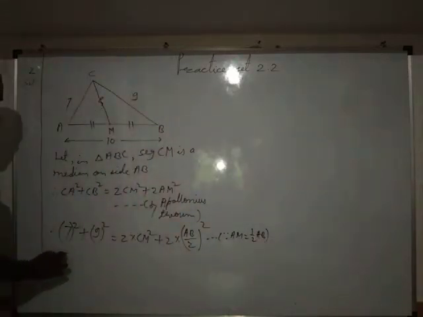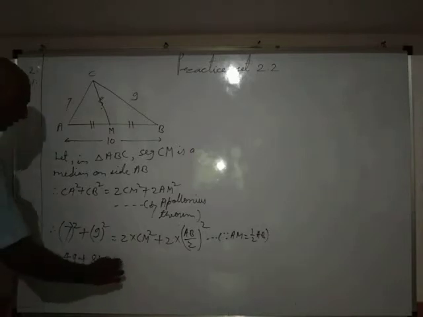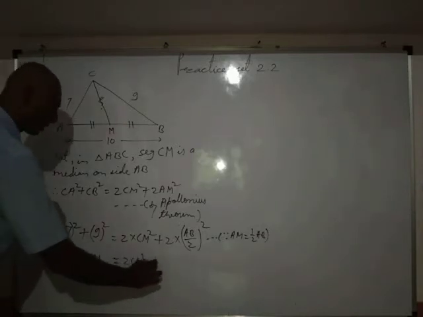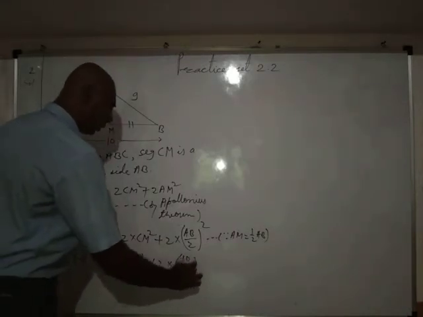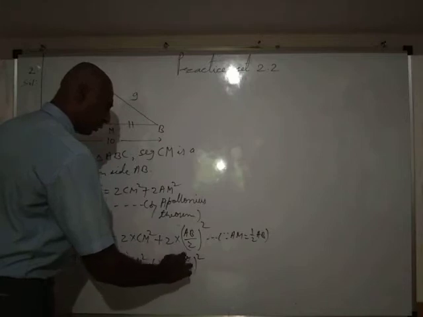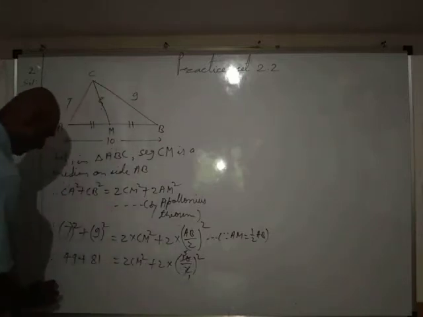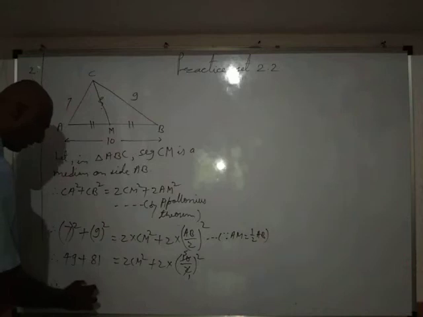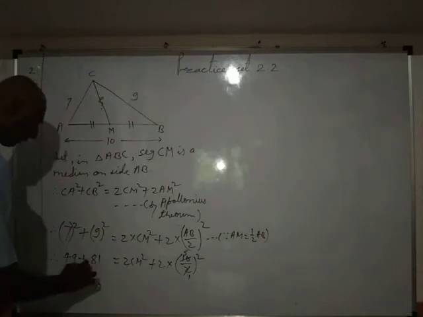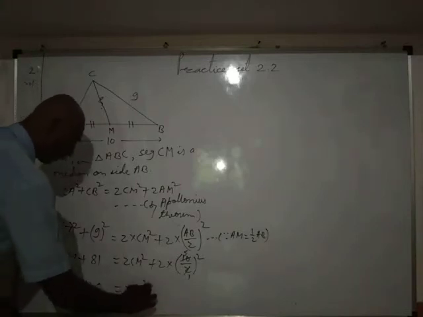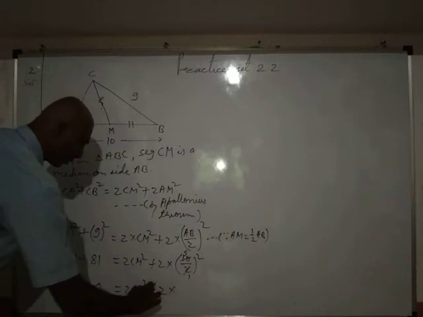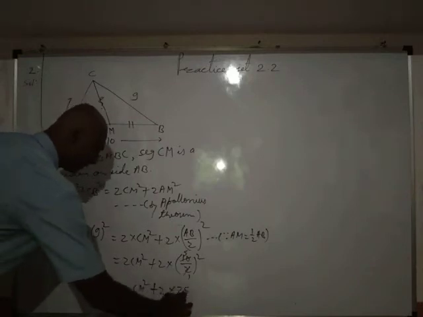Now square of 7 is 49, square of 9 is 81, so 130 equals 2CM square plus 2 into length of AB, 10, upon 2 its square, and square of 5 is 25.